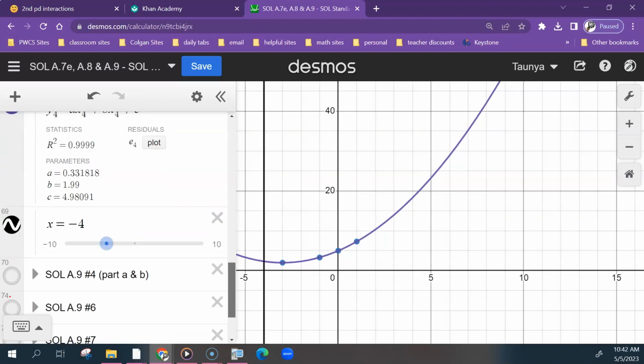And then you can see where that intersects 4, 3. Right? And then we'll do the rest when we get back from lunch.